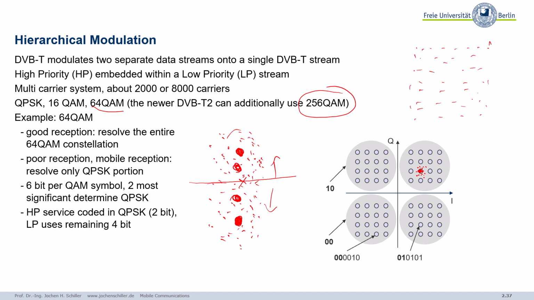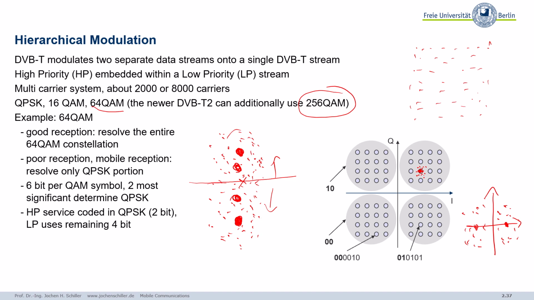Remember BPSK, only 2 points. Only 2 points in space. Classical satellite transmission. Then you can have a lot of interference, but it's still possible to say if it's left or right, in this case of the y-axis, so of the Q branch. So the point here is, with good reception, the DVB-T system may be able to resolve the entire constellation.